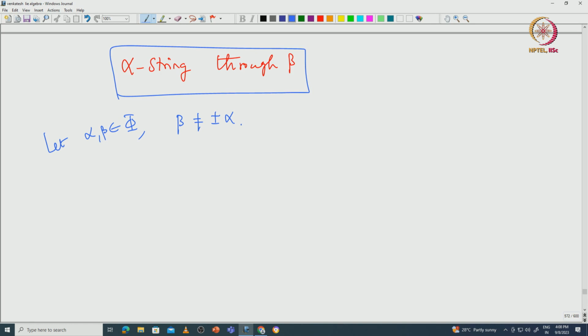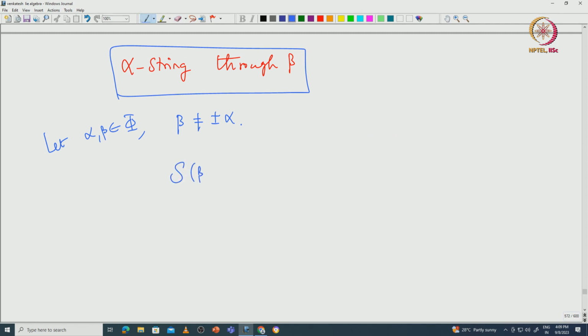If it is a multiple of alpha, then there is nothing to say about the alpha string through beta. What we are interested in is all possible roots of the form beta plus i alpha. You call this, as before, a set S of beta, alpha.